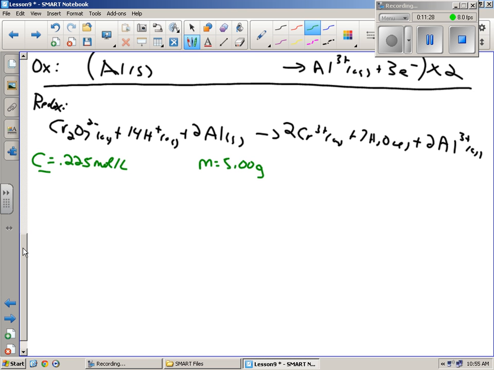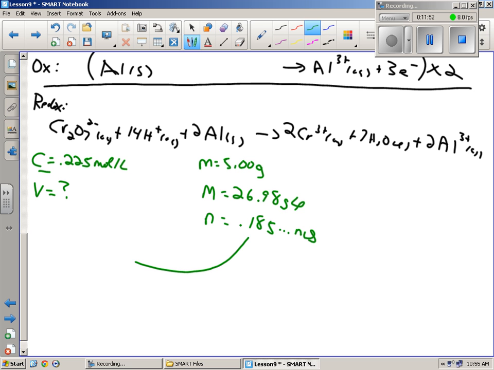So what else do I need here? It says calculate the volume of this. Okay? So what else do I have? Well, let's see. Stoichiometry. Molar mass, 26.98 grams per mole. I can find N, right? N works out to be 0.185-ish, etc. moles. I'm going to move that over to here. Now, do you remember stoichiometry? Yay! 2 to 1, right? So 2 to 1 reaction here, divide by 2.